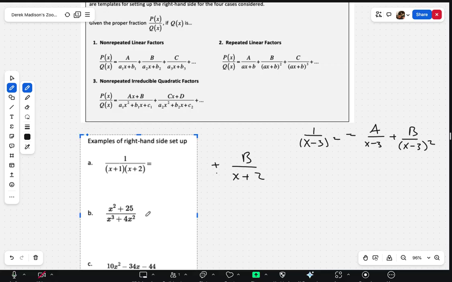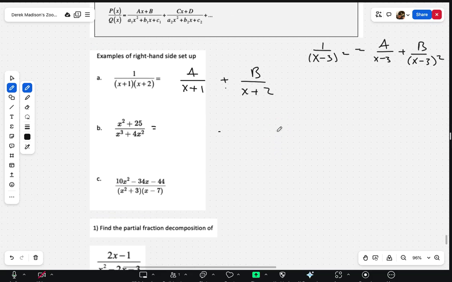The ones that we will see are like this one, where this denominator still needs to be factored, so let me do that. So we'd have x squared plus 25 up top, and downstairs there's a common factor of x squared, so I take that out front, it's x plus 4.